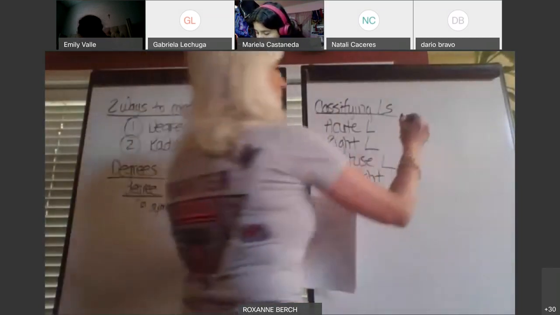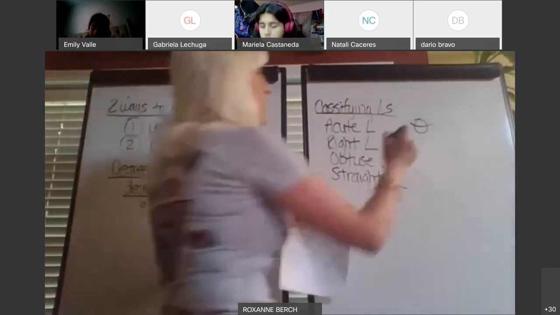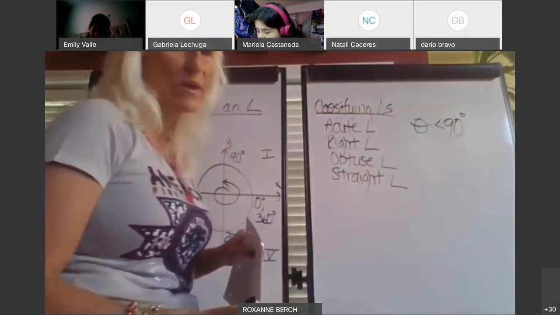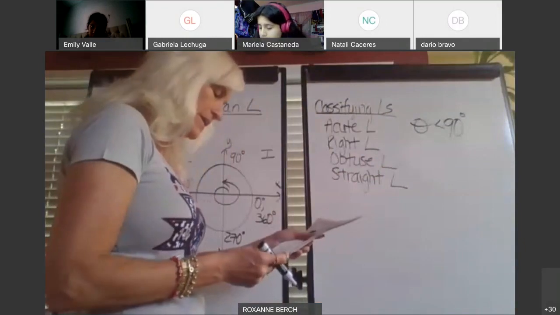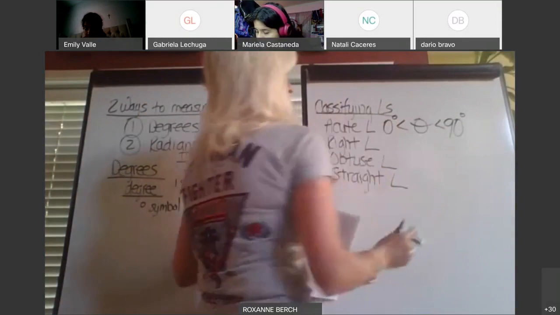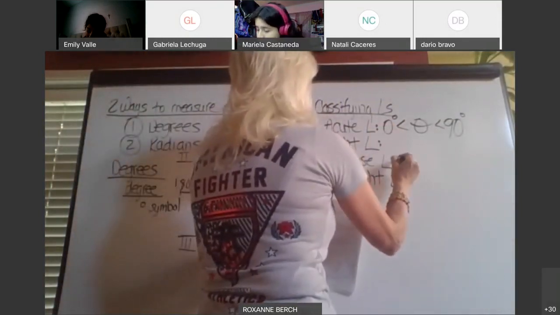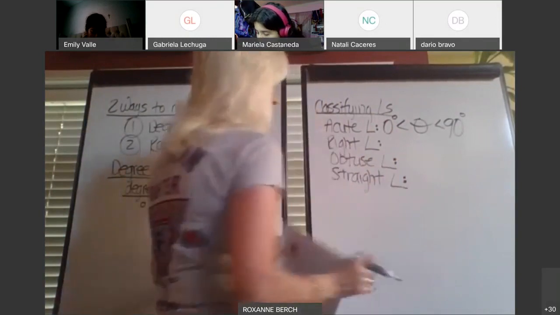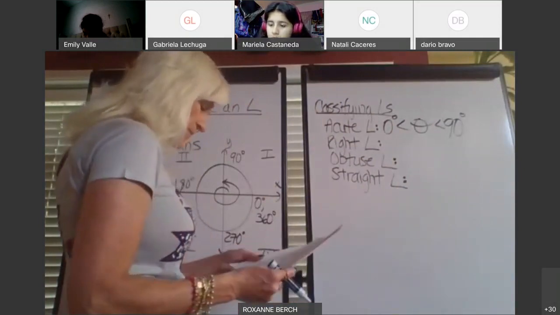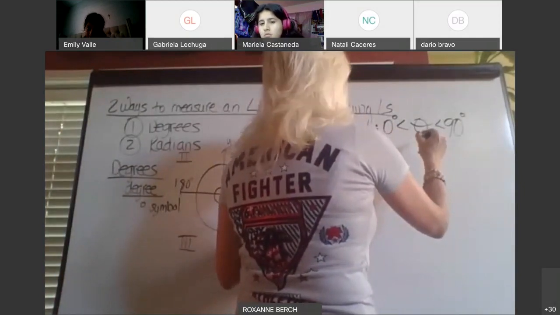So an acute angle, and I'm just going to use theta as my angle. An acute angle is less than 90. Now notice that doesn't say less than or equal to. It's strictly less than 90 and greater than 0 degrees. So this is a good way to write it. Less than 90 and greater than 0 degrees. A right angle is straight out 90 degrees.